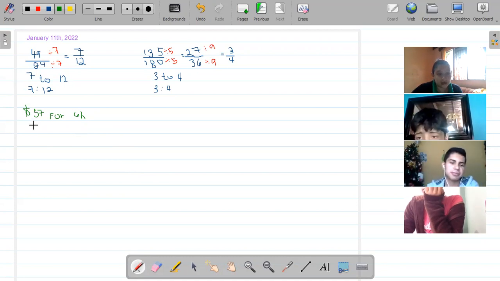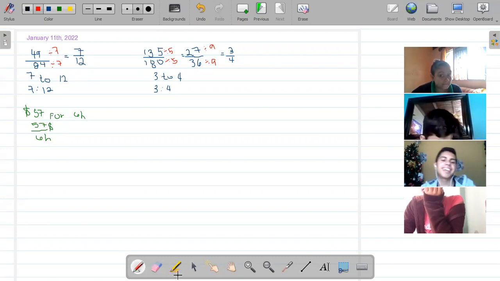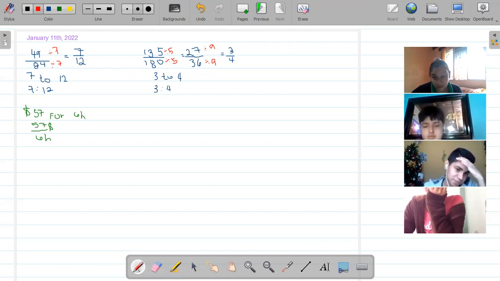The first thing is to write it as a fraction, right? We're going to say $57 over 6 hours. And I want the unit rate. Remember, we saw it yesterday. What am I supposed to do to find the unit rate?